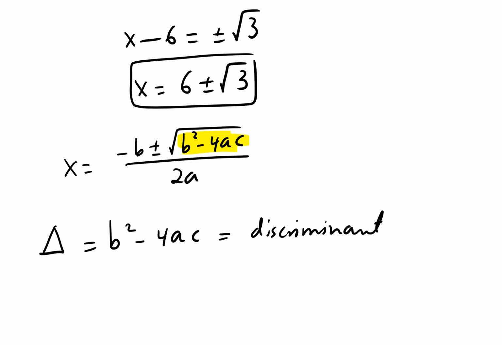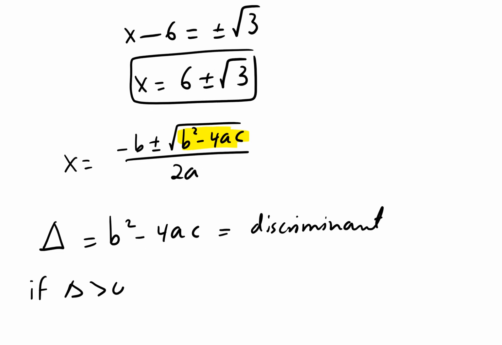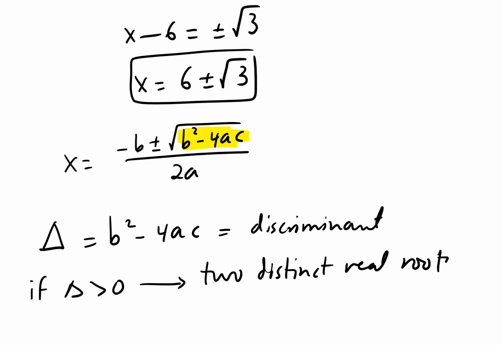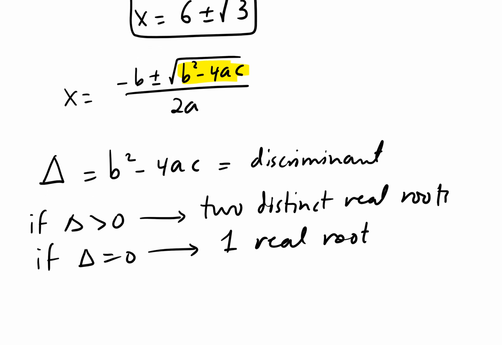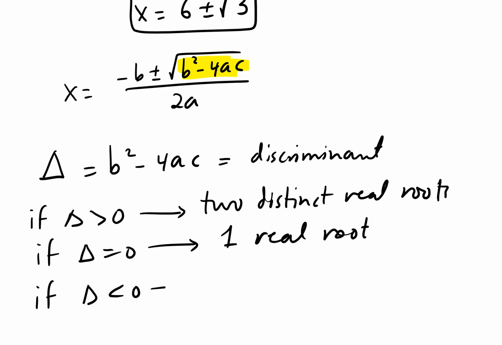If the discriminant is bigger than 0, the equation has two different or distinct real roots. If the discriminant is 0, it has one real root, which is repeated. If the discriminant is less than 0, no real roots. We call them complex roots.